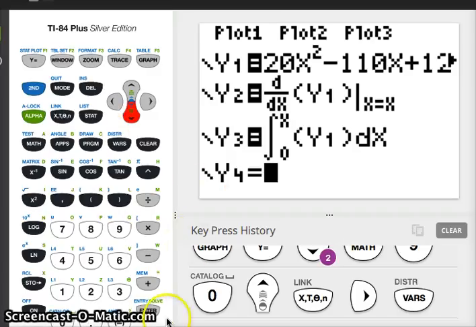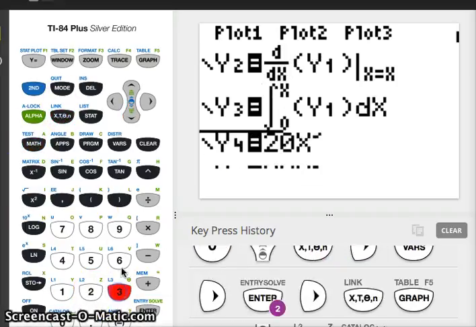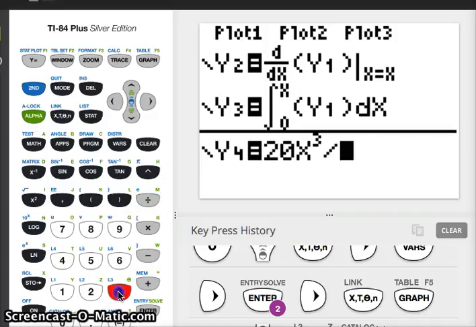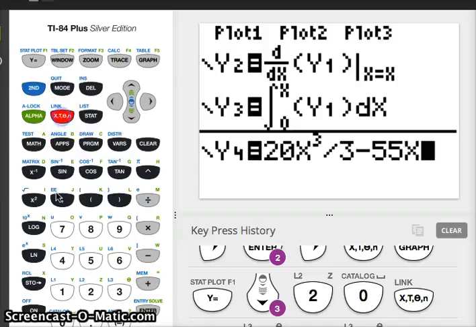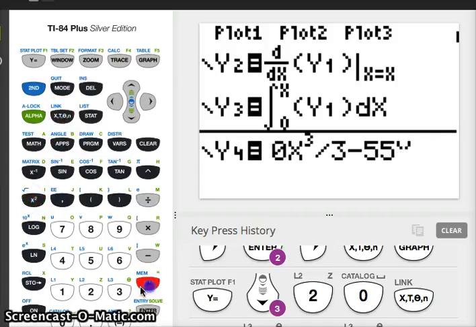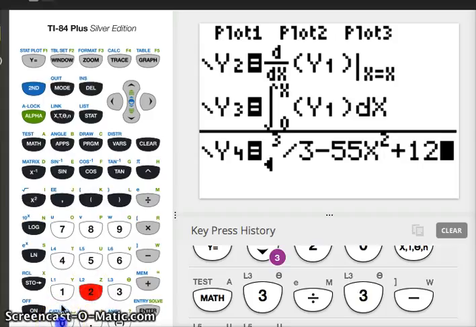Okay, so it's 20x cubed divided by 3, minus 55x squared, plus 120x.